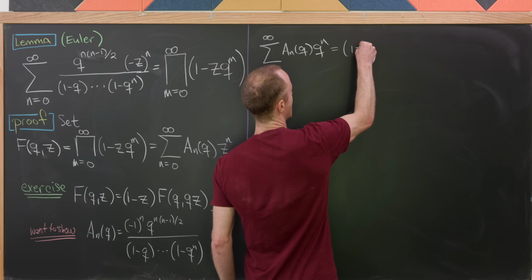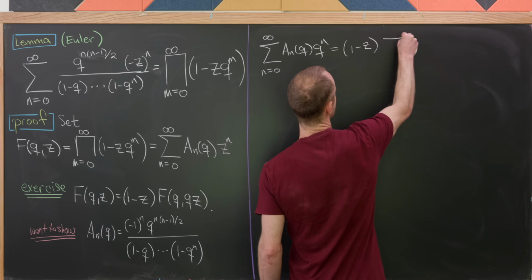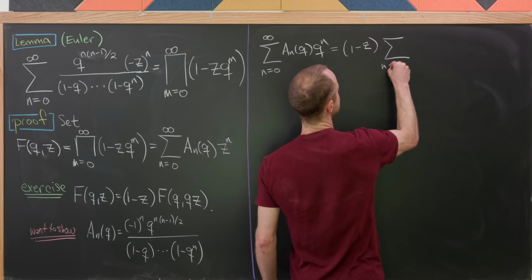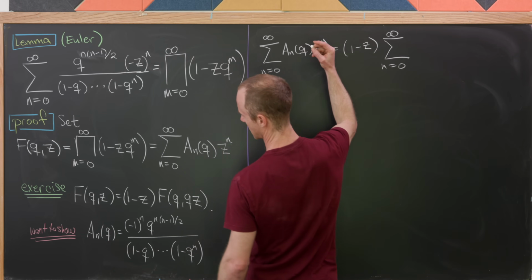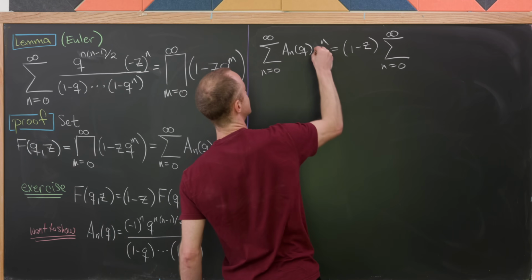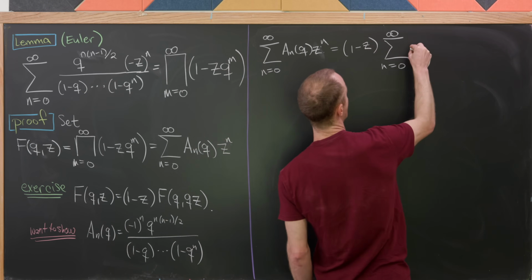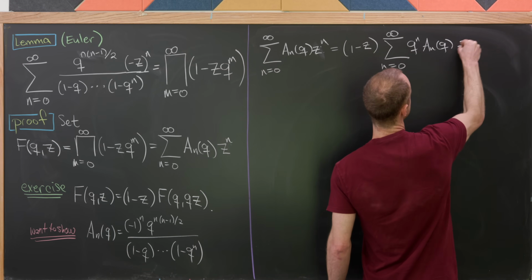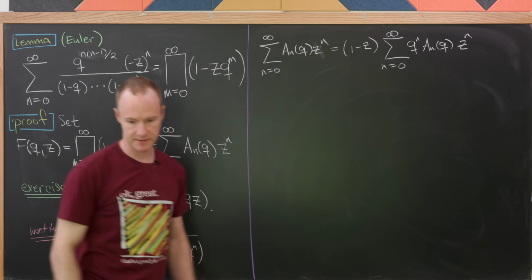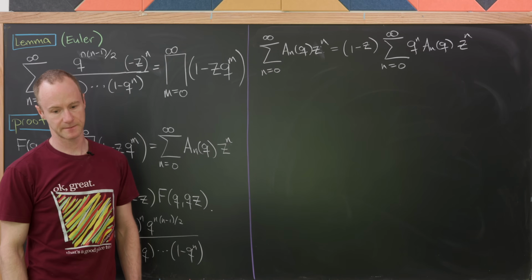So let's write that out. We have 1 minus z, and then the sum as n goes from 0 up to infinity. Oh, and I just realized this should have been a z to the n here. And now this will be q to the n, a n of q times z to the n. Okay, great.